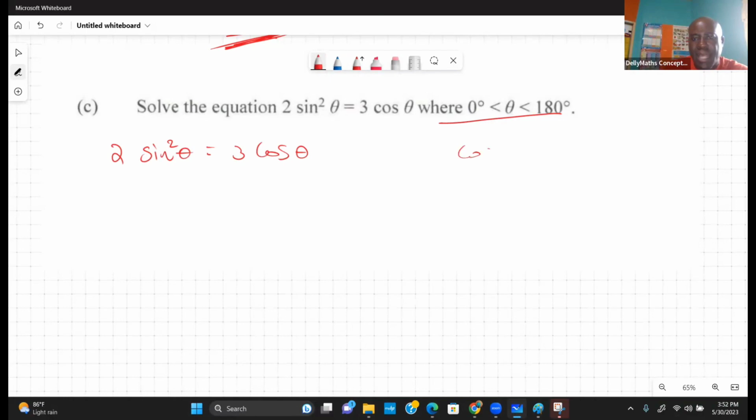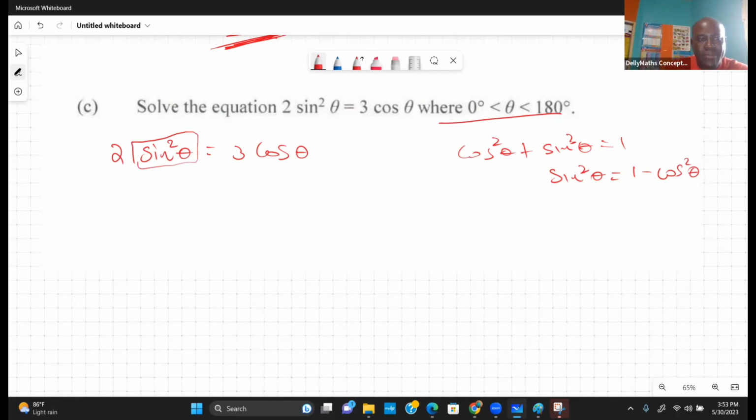If you remember this, cos squared theta plus sine squared theta equals 1, then from this we could manipulate. So we could say sine squared theta is going to equal 1 minus cos squared theta, right?